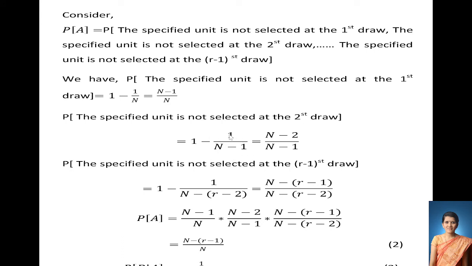The selecting probability for the second draw is 1 upon N minus 1 and the not-selected probability is 1 minus 1 upon N minus 1. By simplification we get N minus 2 divided by N minus 1.